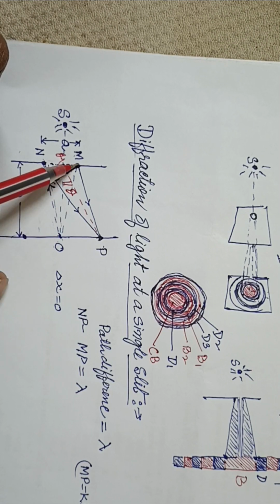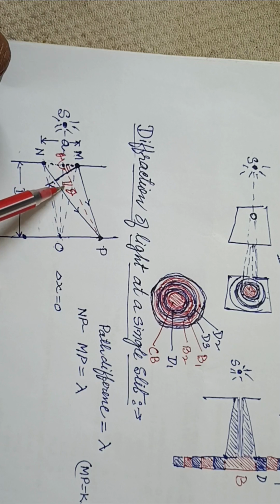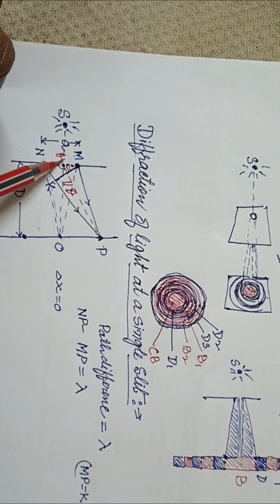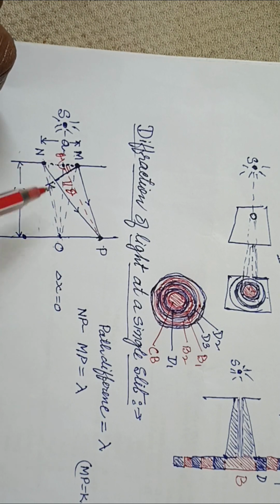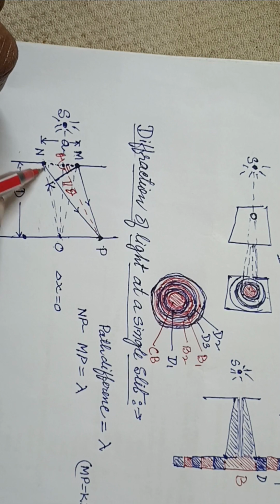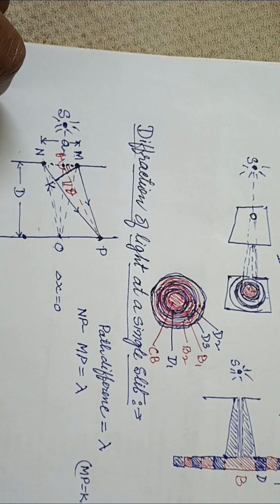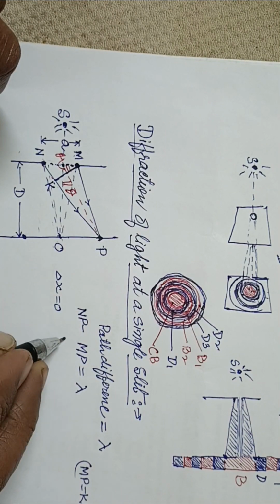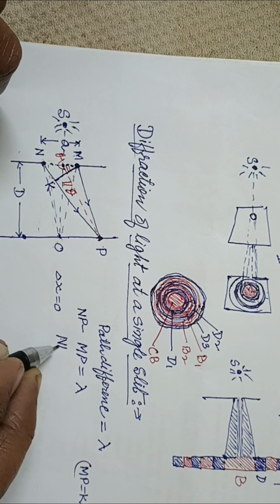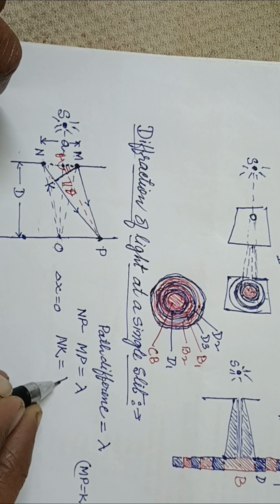Over this line, this is the perpendicular, and this line is also perpendicular on this one. So if these two make angle theta, then between these two it will also be theta. So accordingly we can say that NK, that is NP minus MP, equals lambda.